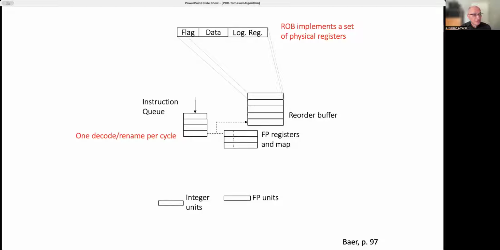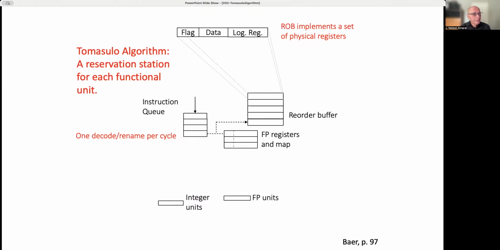Once an instruction is decoded, it's going to access the register files and there will be a space for it in the reorder buffer. In the Tomasulo algorithm, as presented in this machine, there will be a separate reservation station for each functional unit.